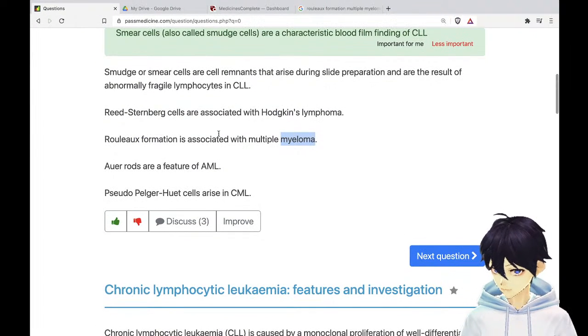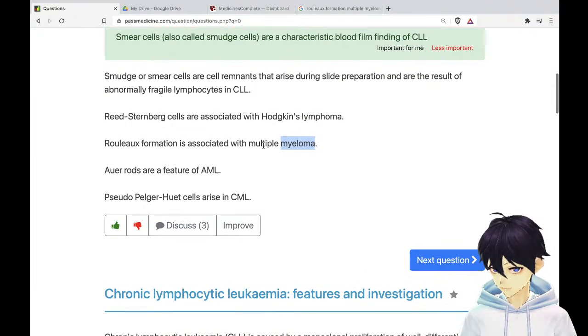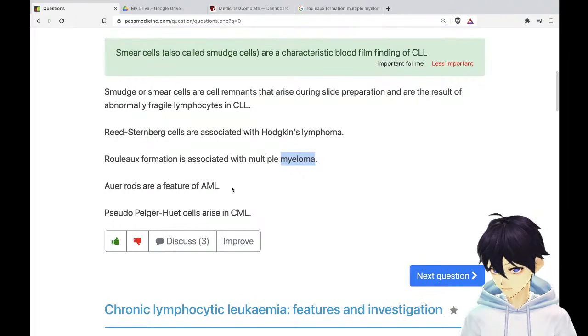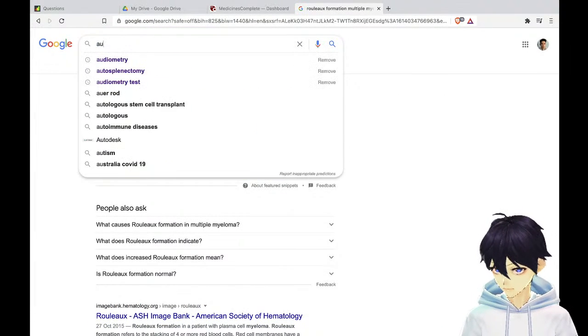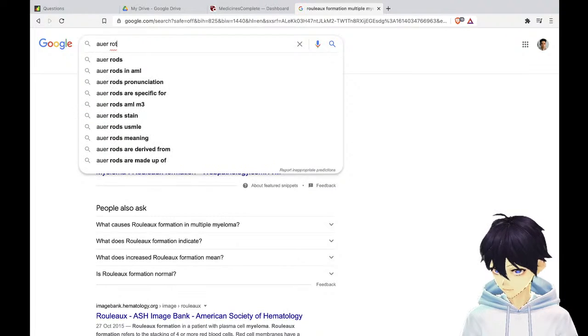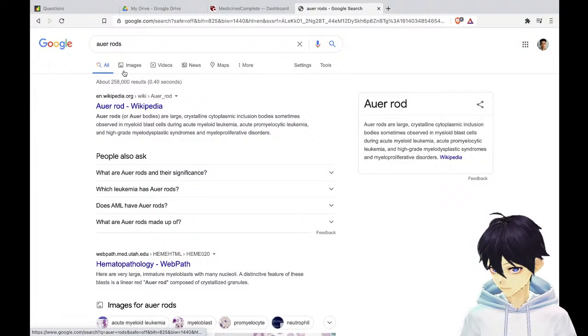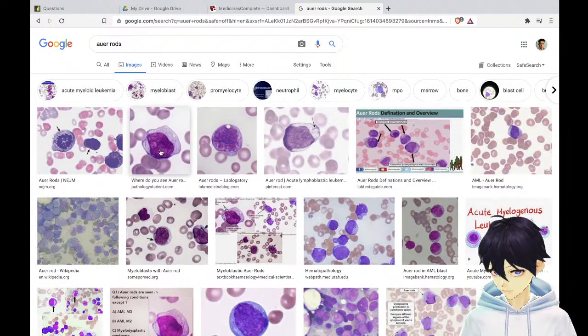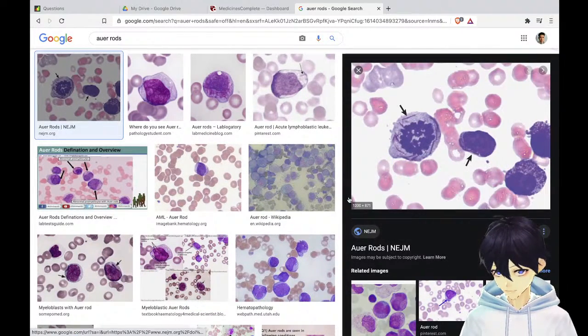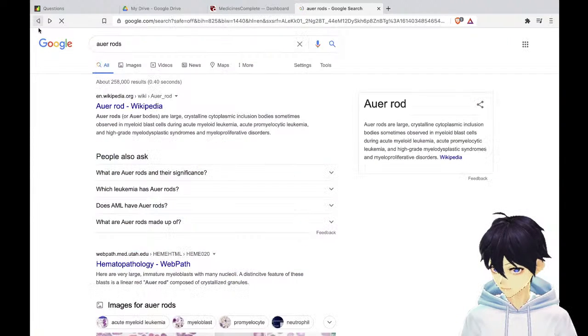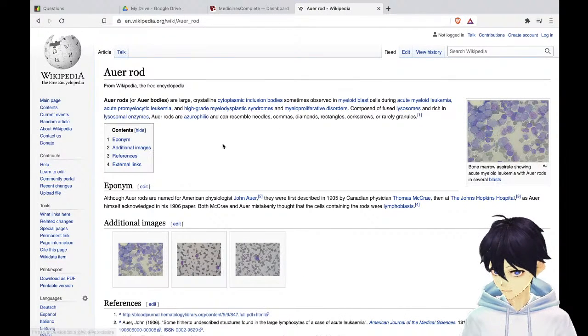Alright. Auer rods are a feature of acute myeloid leukemia. How do Auer rods look? They are like rods inside the cells. Okay, I saw Wikipedia here.